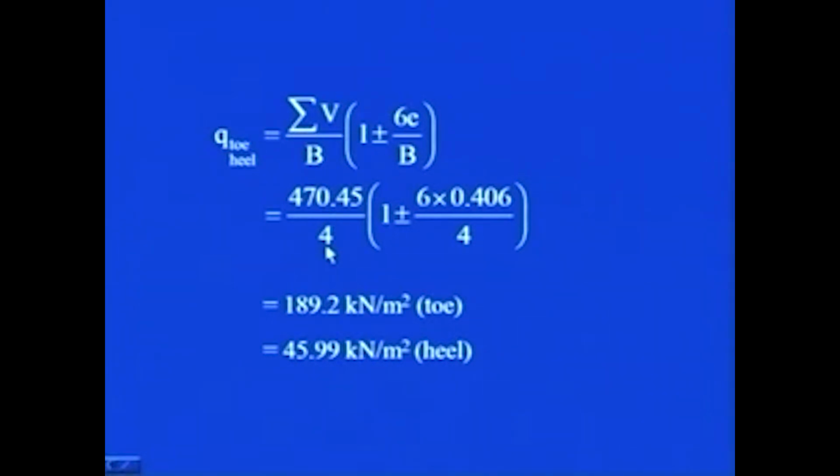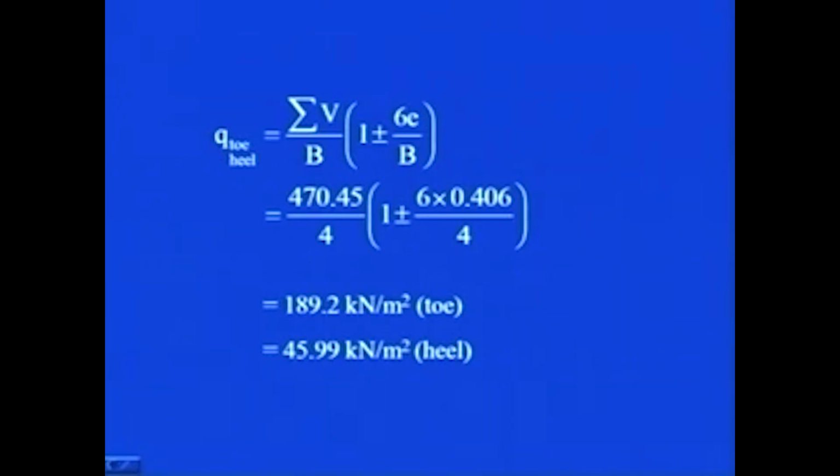B is 4 meter in this case, and e we have just found, 0.406. So Q toe will be 189.2 kilonewton per meter square, and Q heel will be 45.99 kilonewton per meter square, occurring at the heel.